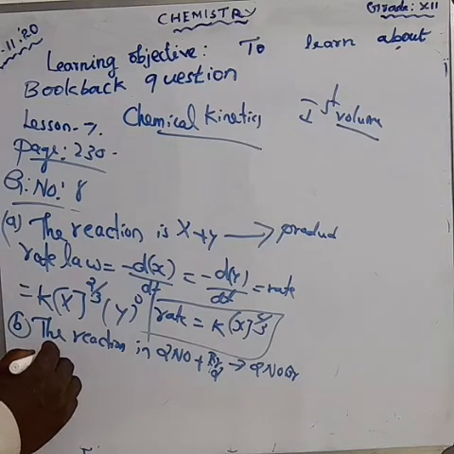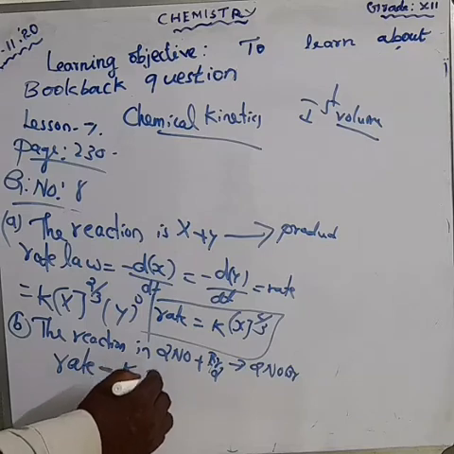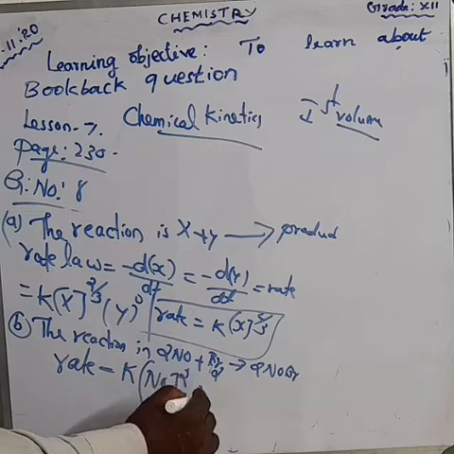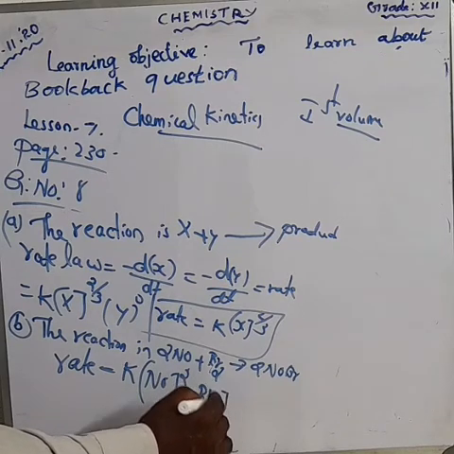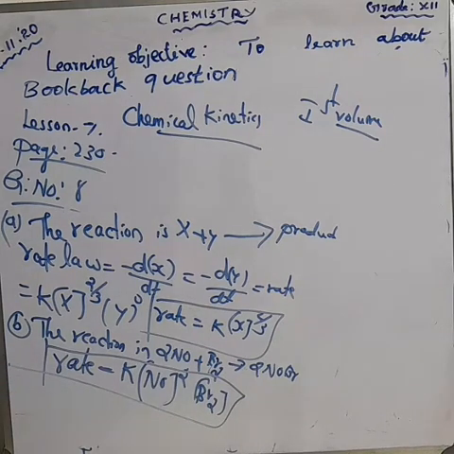What's the rate? Rate is equal to K [NO] squared, order 2, [Br2]. This is the 8th question answer.